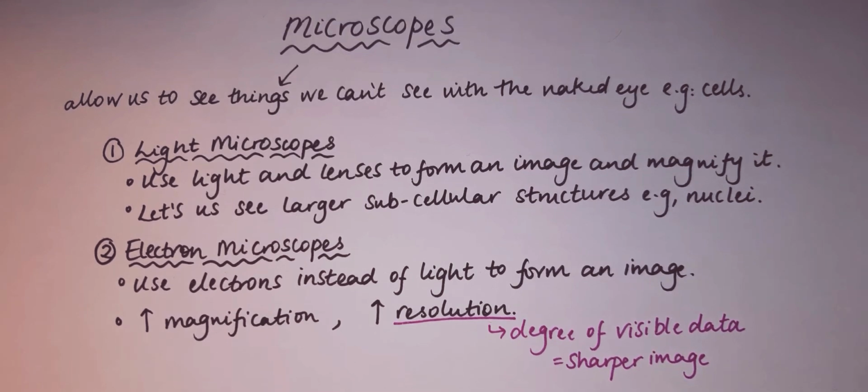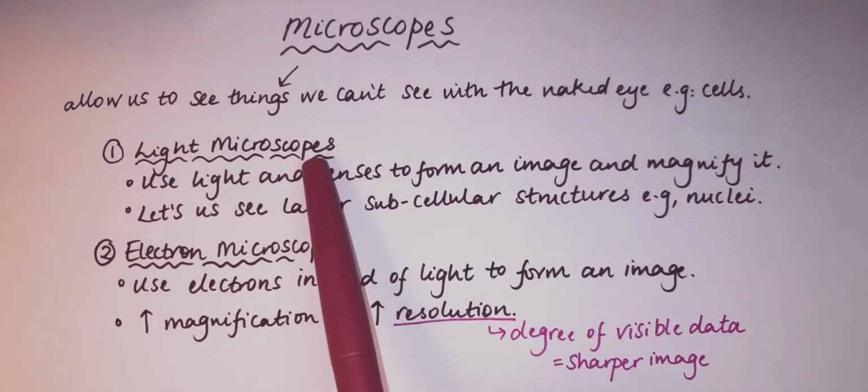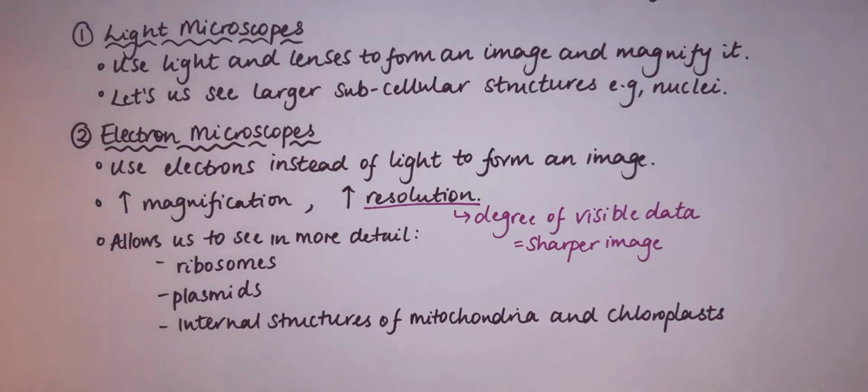For example, the internal structure of mitochondria or chloroplasts. We can see even tinier things like ribosomes and plasmids. So if you're looking at things like nuclei, we can use a light microscope. And if you want to see in even more detail, we can use electron microscopes.